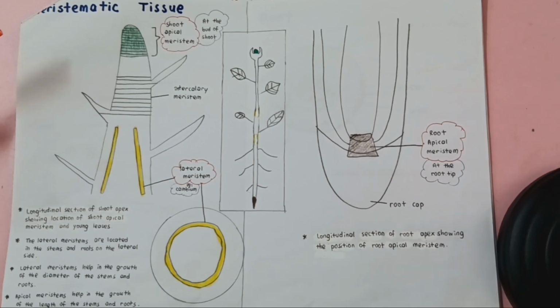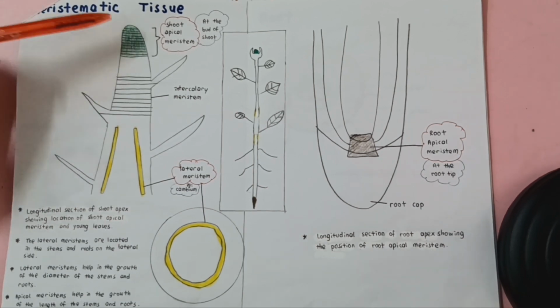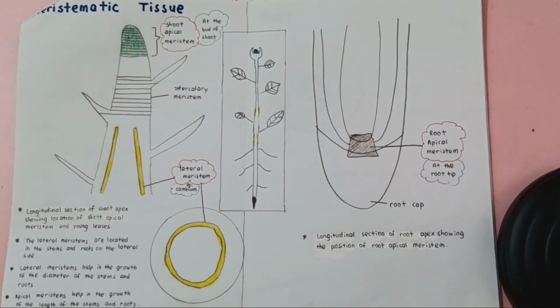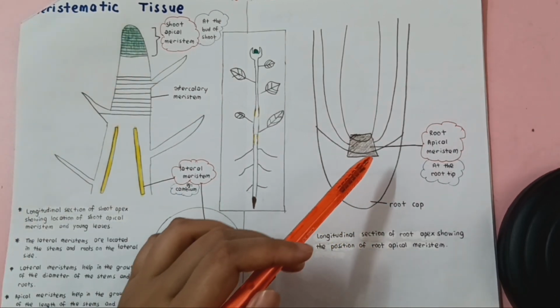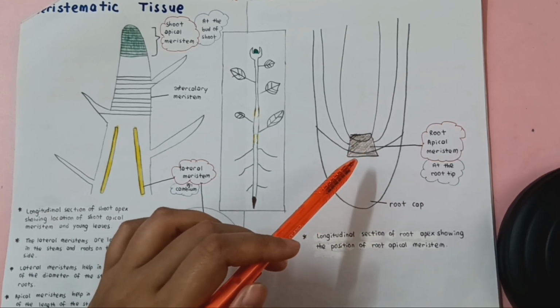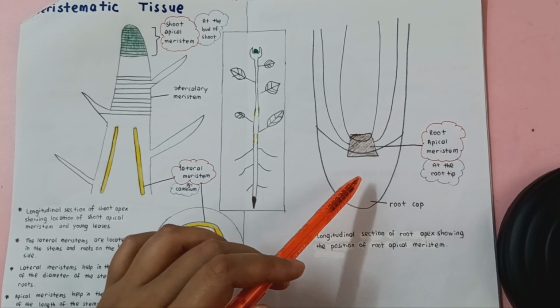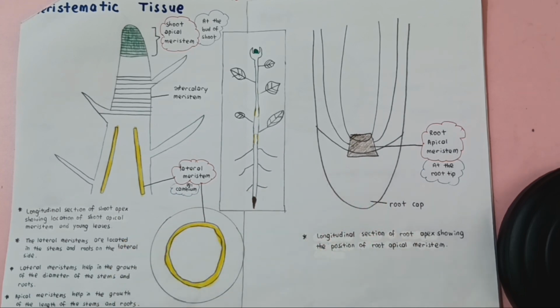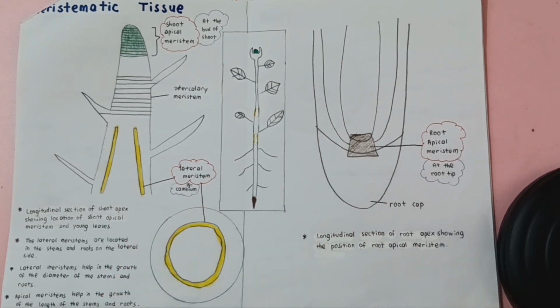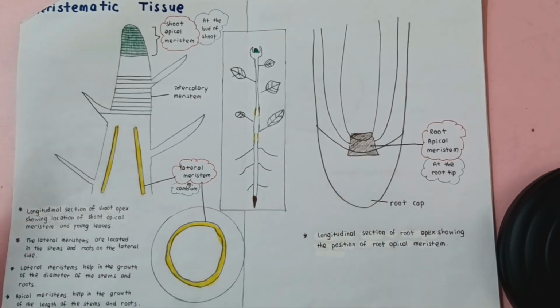The shoot apical meristem is located at the tip of the shoot and is responsible for the growth of the length of the shoot, whereas the root apical meristem is located just above the root cap in the root. The root cap is responsible for the protection of the root apical meristem. The root apical meristem is responsible for the extension of the root.